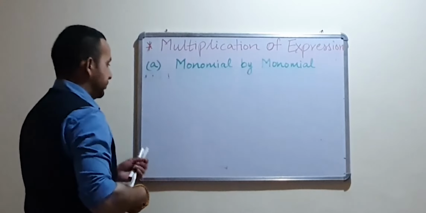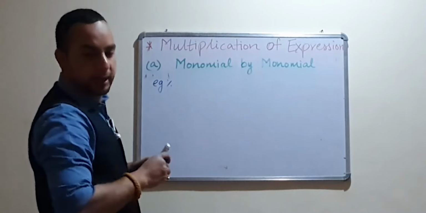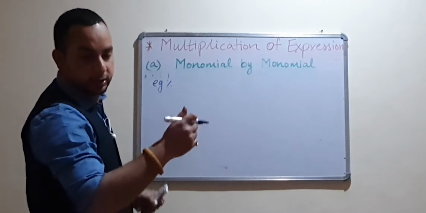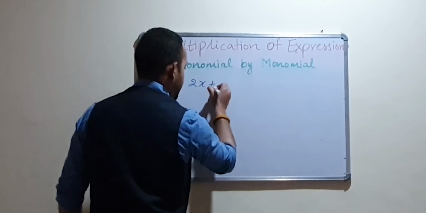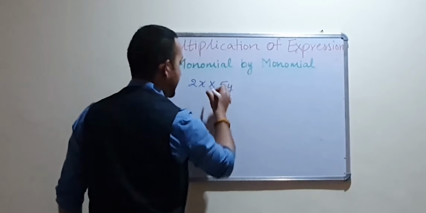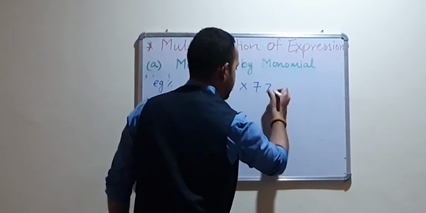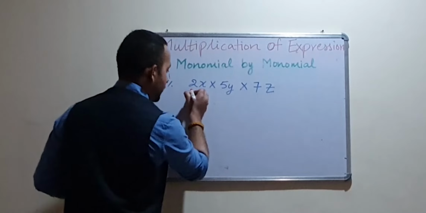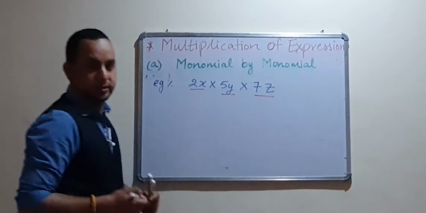Again, I'll give you one last example of monomial by monomial. For example, 2x multiply 5y multiply 7z. Now, multiplication of monomial by monomial: 2x is one term, 5y is another term, 7z is another term, right?